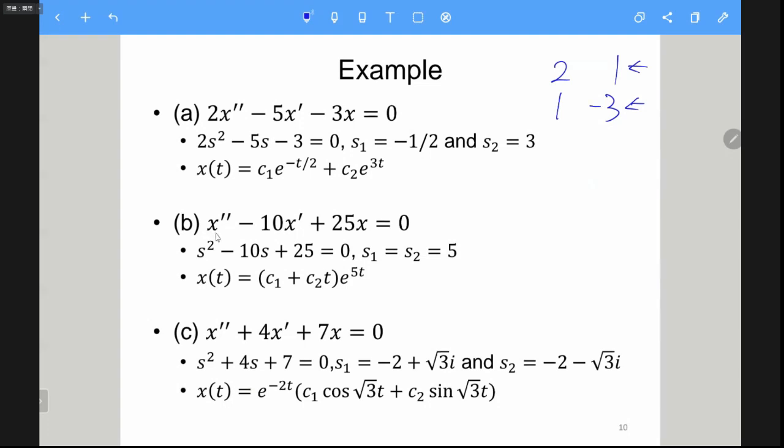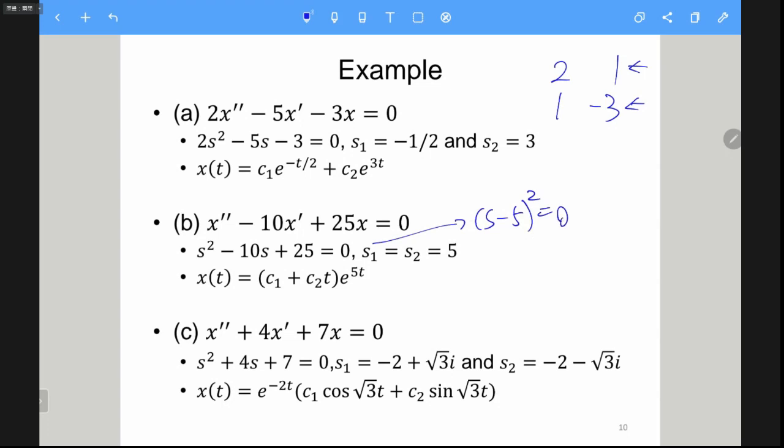For the second one, we have x double prime minus 10x prime plus 25x equals 0. We can change this one to s squared, this one to s, and this one to 1. So we have s squared minus 10s plus 25. You can quickly see that this is a perfect square, which is actually (s minus 5) squared equals 0.